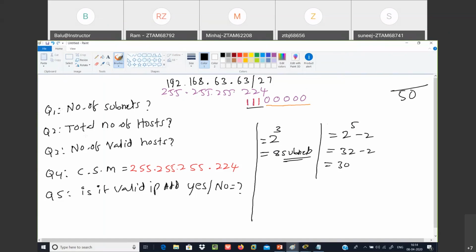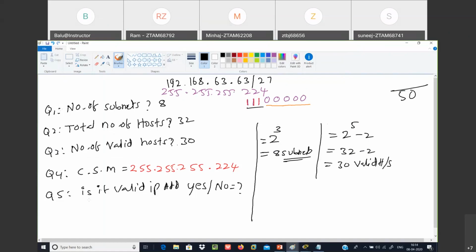So the total number of hosts is 32. The number of valid hosts is 30. The number of subnets is 8. The total number of hosts is 32, minus 2, so 30 valid hosts per subnet. Right?